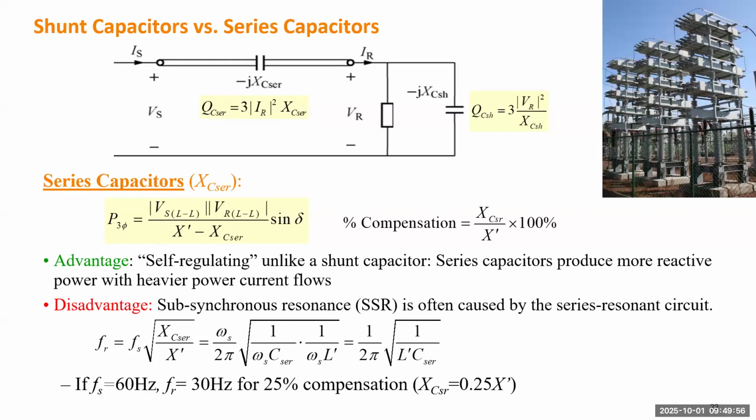So for instance, for 60 hertz, if we do 25% compensation, so if this ratio is 25%, which means the capacitive reactance will cancel 25% of the total line impedance, then the resonance frequency will be 30 hertz. So it will introduce subsynchronous resonance.